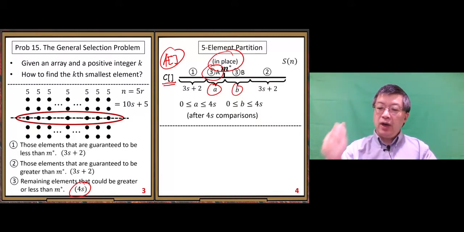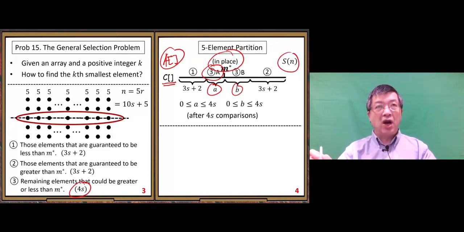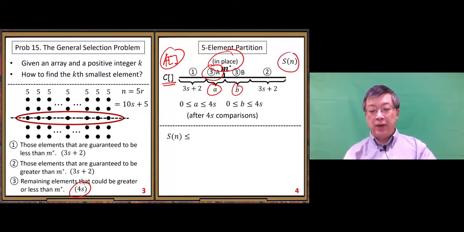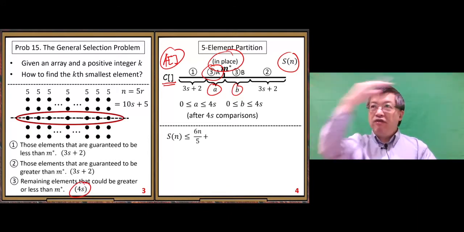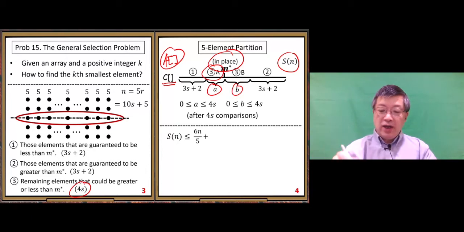We want to estimate the cost function S of n. Then we use the worst case, less than or equal to the cost of each step.